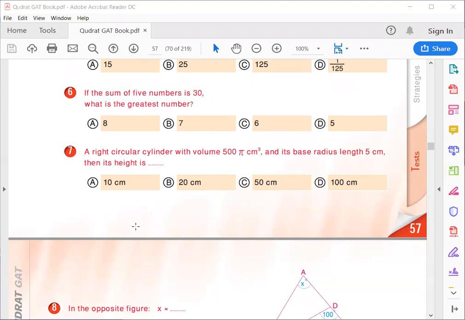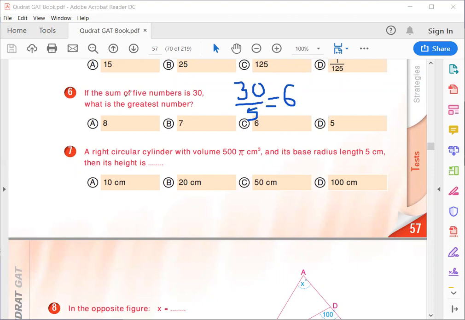He said the sum of 5 numbers is 30, so you divide by the number of numbers. 30 divided by 5, then you get 6. This 6 is the middle number.